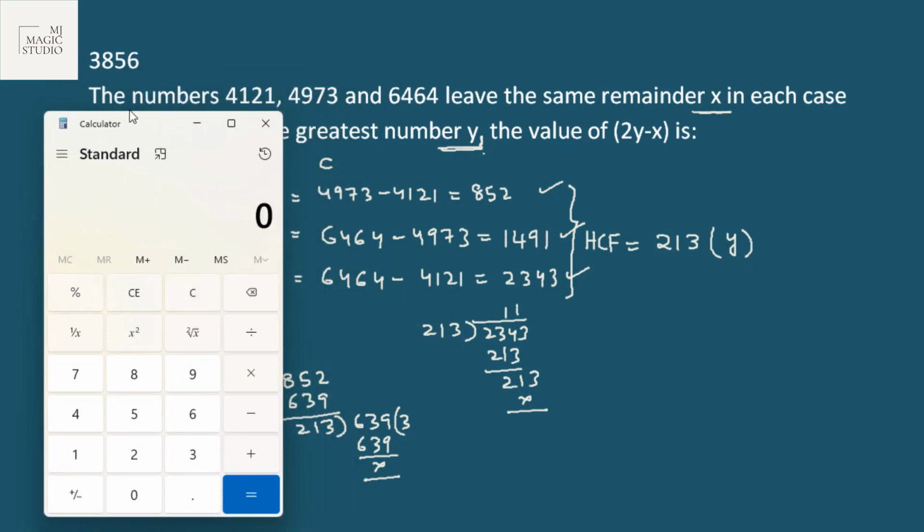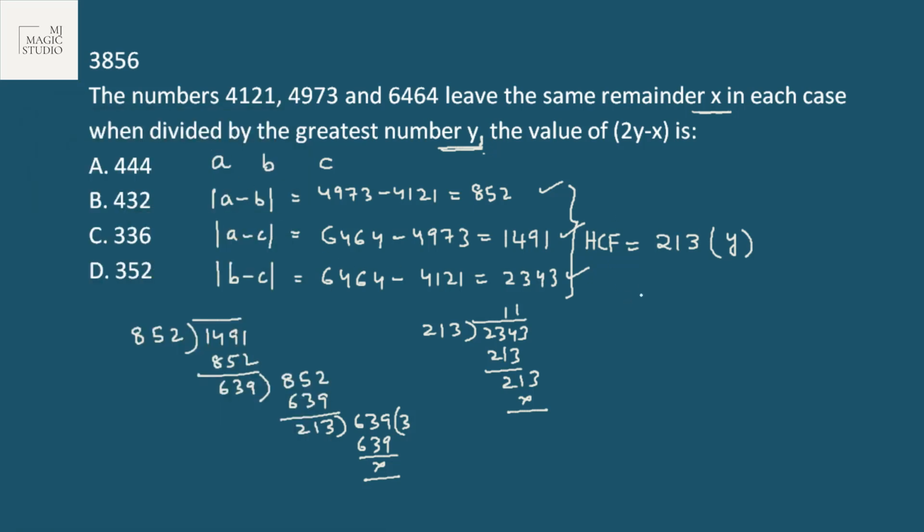Let's take up any number. 6464 divided by 213, it will go 30 times. That means 6464 minus 213 into 30. So the remainder is 74. That means the value of x is 74.